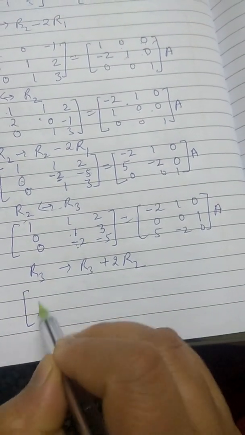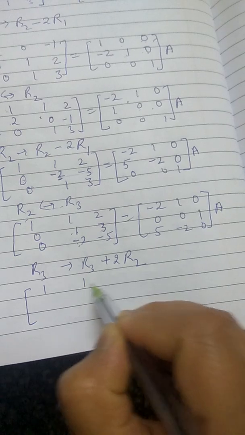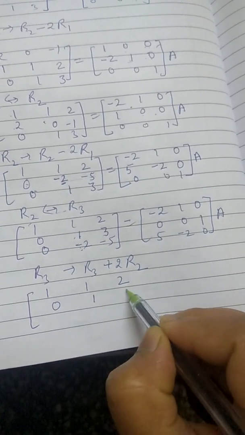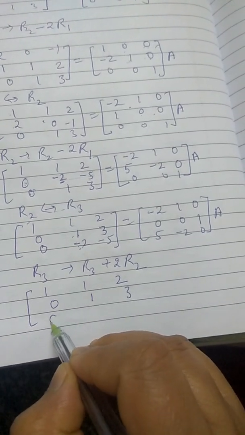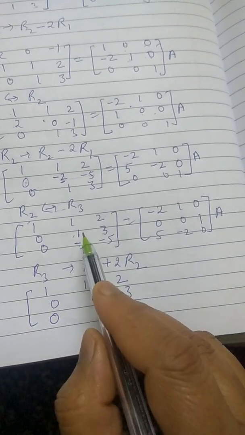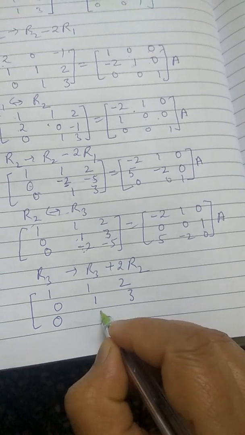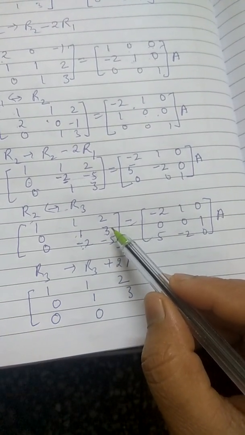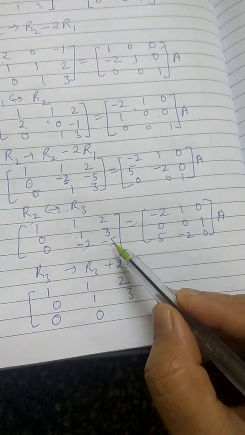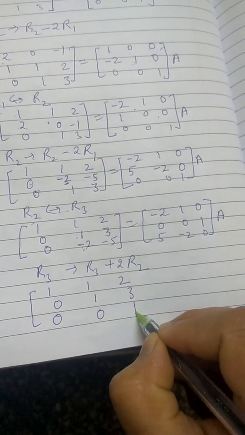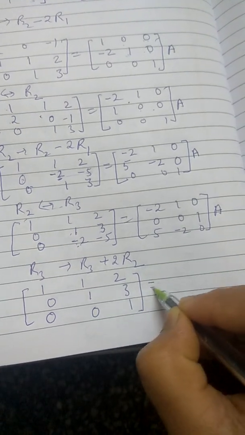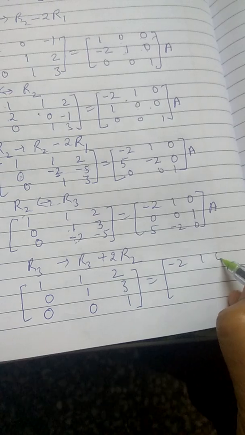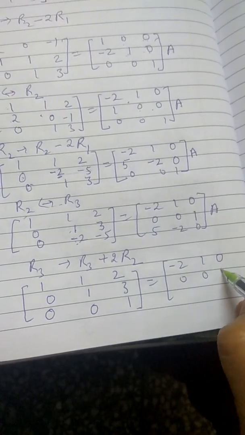Now we write the first row as it is, 1 1 2, the second as it is, 0 1 3, and in the third row 0, -2 plus 2 is 0, and here 3 is there, 3 into 2 is 6, 6 minus 5 means 1. That is equal to -2 1 0, 0 0 1.